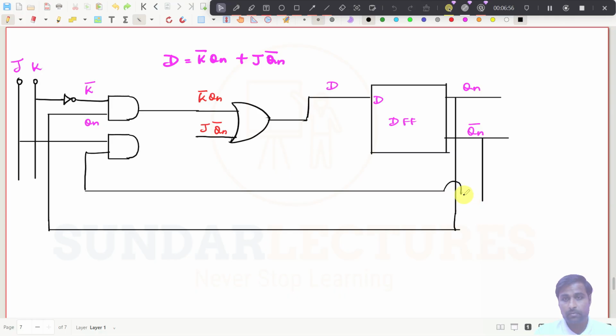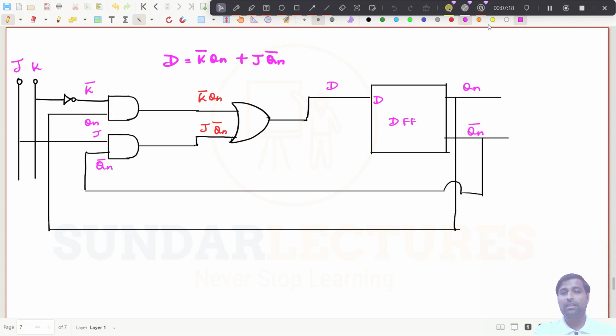So finally we have just drawn the diagram. What is this one now? You have to connect this one, right? So this should be connected to this one. And what is the input you have here? It is Qn bar and this is J. So this is actually the diagram.